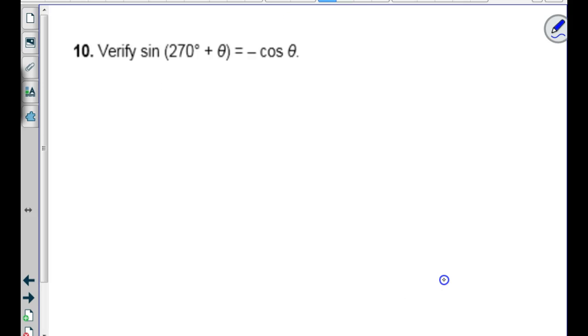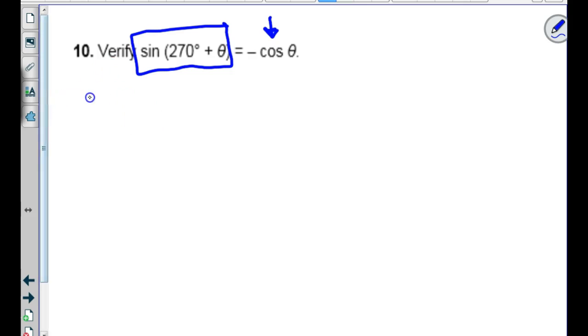Now, we did some verifying yesterday. Do you need me to do another one of those? Okay, this is number 10 on your notes, so you might be writing this down. We need to expand this side so that we can simplify it down to look like this. And on the quiz, when there's one of these questions, I did give you some blanks and hints.